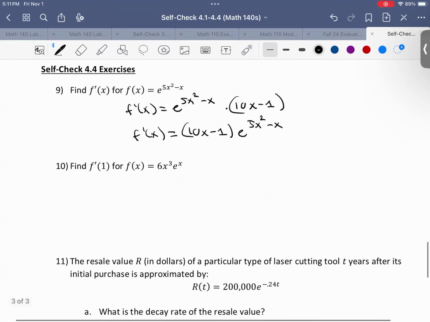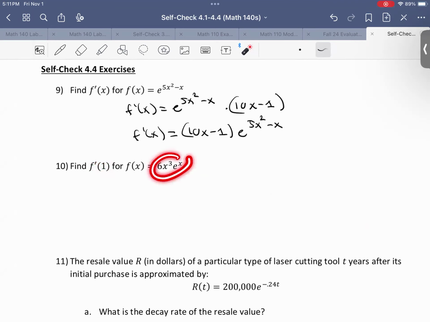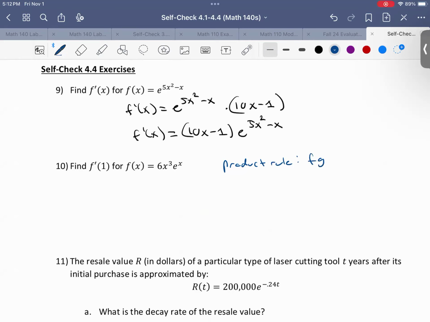Okay, so number 10 now, we want to find the derivative evaluated at 1. So I need to find the derivative of x cubed e to the x. So I need to do the product rule for this. We have two functions multiplying each other, and I need to find their derivative. So product rule is f g prime plus g f prime.